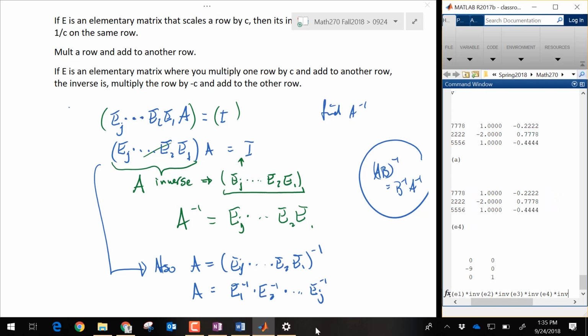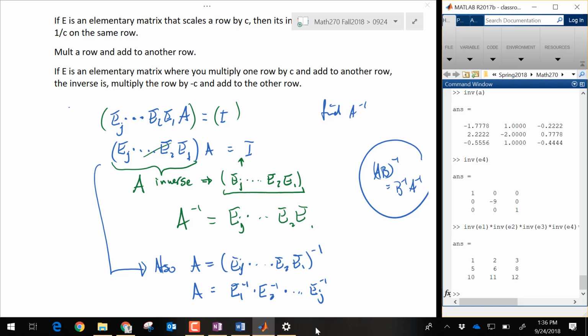Times inverse of E5 times inverse of E6 times inverse of E7 times inverse of E8, what do you think we're going to get? We should get our original matrix. That's our original matrix A.